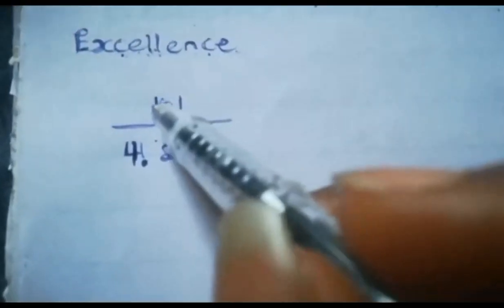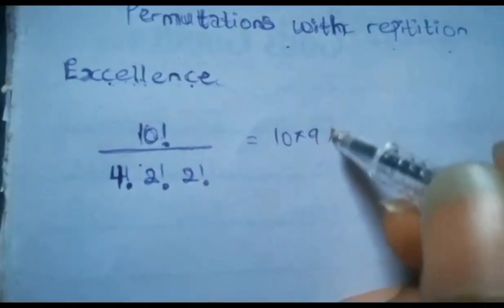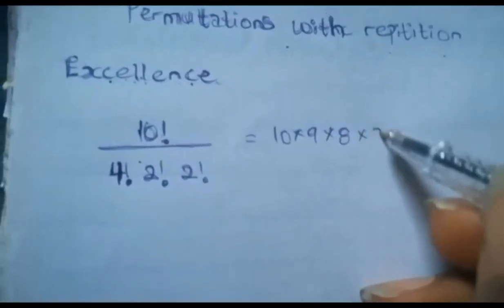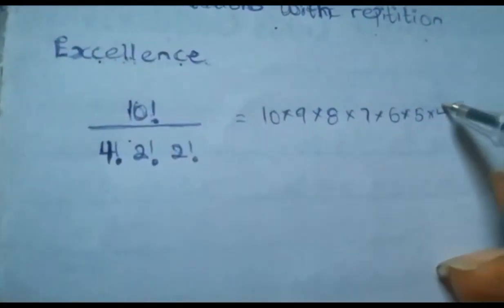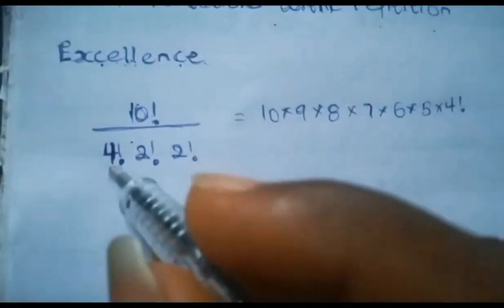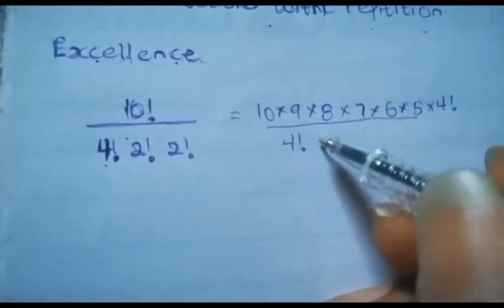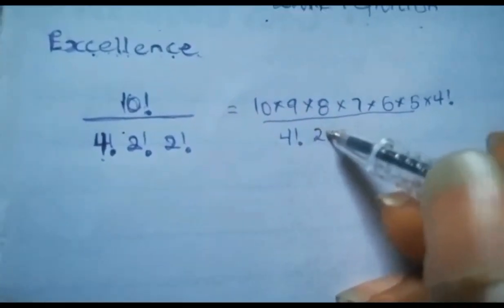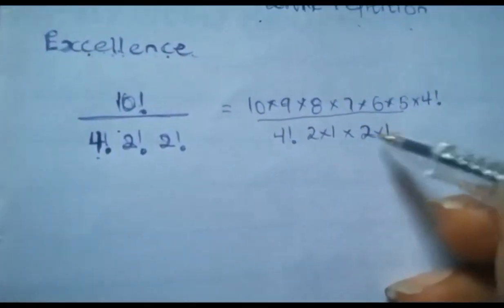Now we can simplify 10 factorial as 10 times 9 times 8 times 7 times 6 times 5 times 4 factorial, because we have a 4 factorial down here. The 2 factorials are 2 times 1 each.